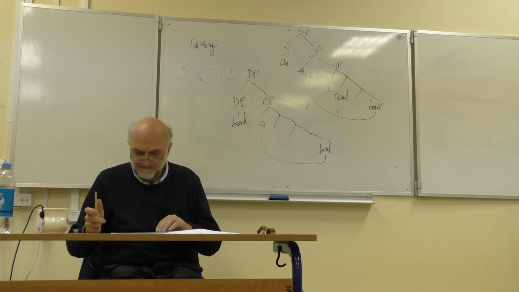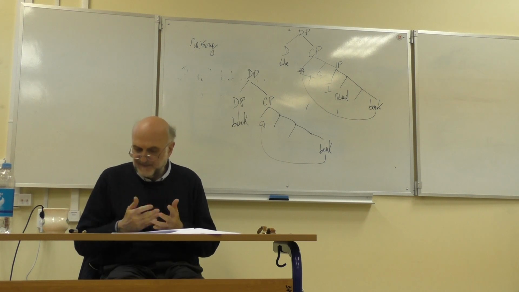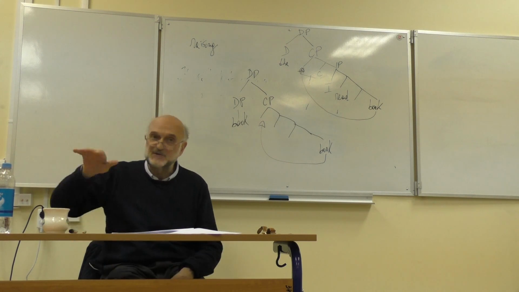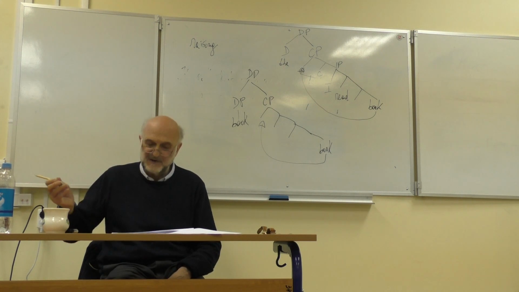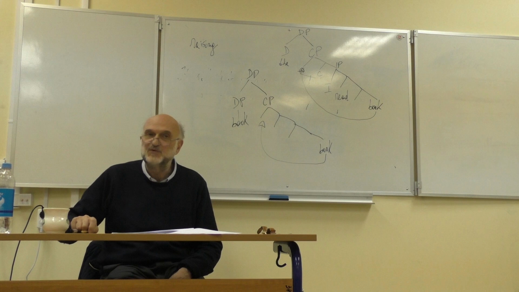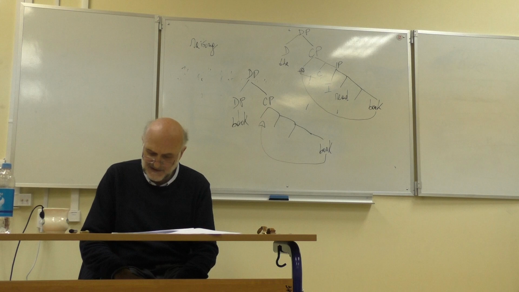And finally, adjoined, some people have analyzed them as also correlatives, some other people have analyzed them as extraposed relative clauses, but they don't seem to be the only strategy that is present in the language.